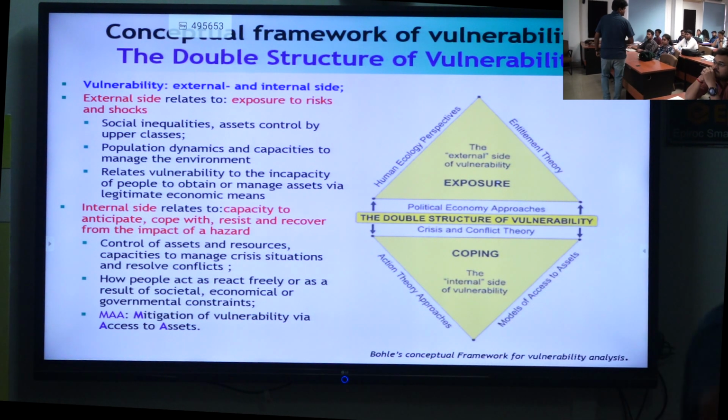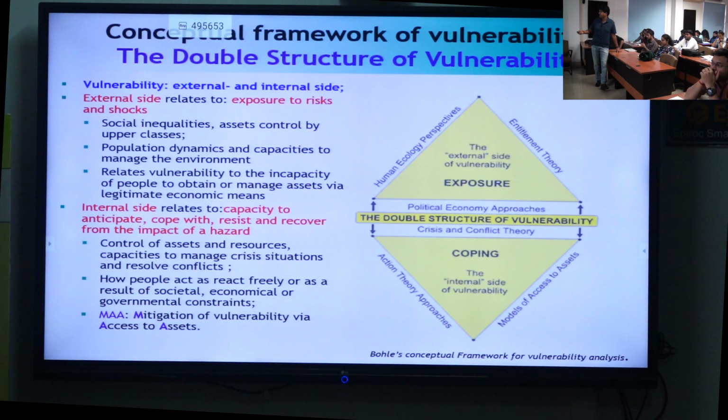Why? Because of this. Okay? So all these, like the social inequalities and all that also plays. And the internal side is the capacity to anticipate, cope with, resist, and recover from the impact of hazard. Okay? I have already mentioned it.